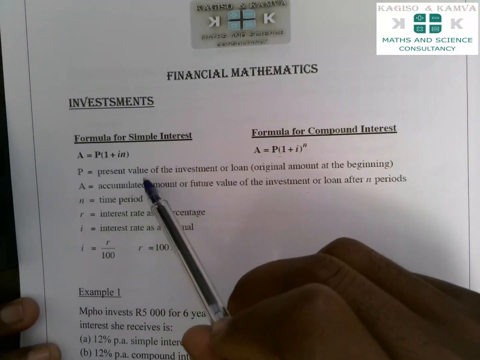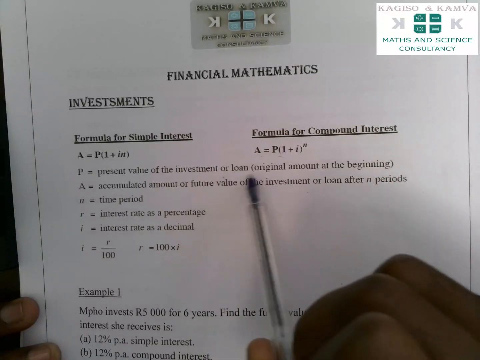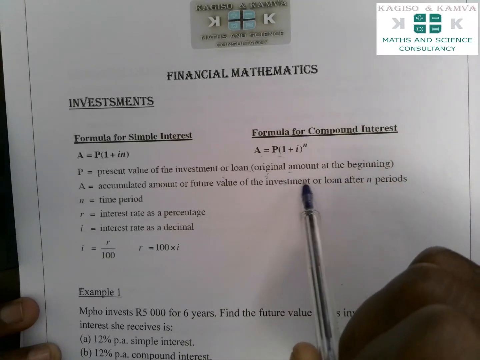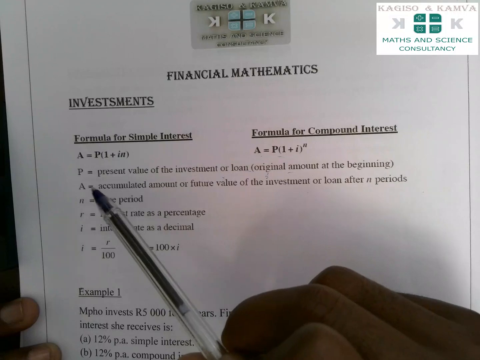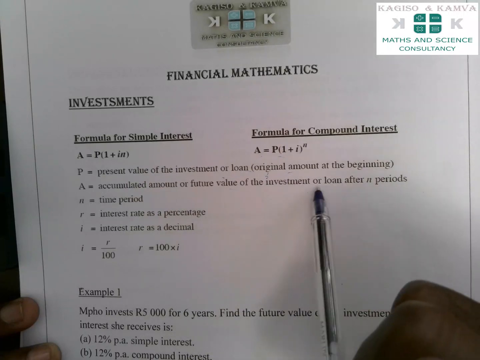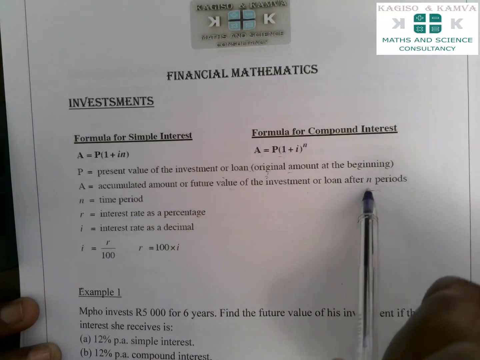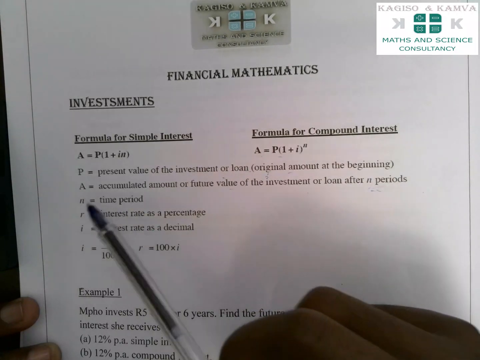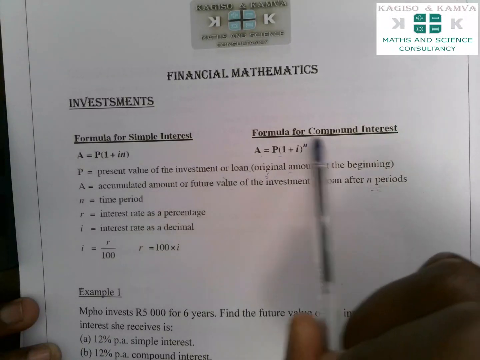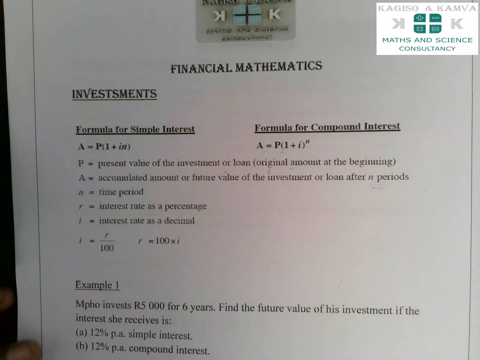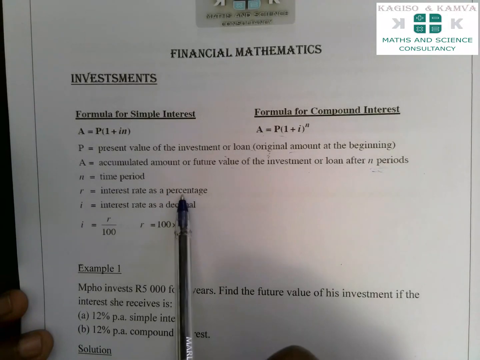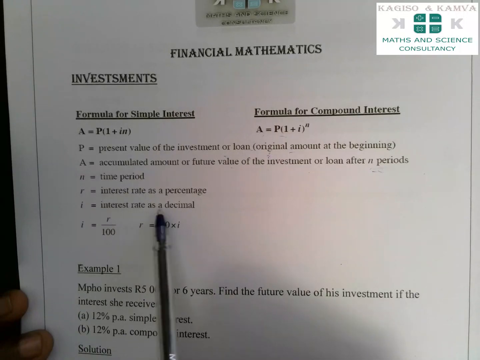Where P is the present value of the investment or loan, the original amount at the beginning, and A is the accumulated amount, the future value of the investment or loan after a certain period, which is n periods. n is the time period, which can be in years or in months depending on the type of interest. r is the interest rate as a percentage, where i is the interest rate as a decimal.